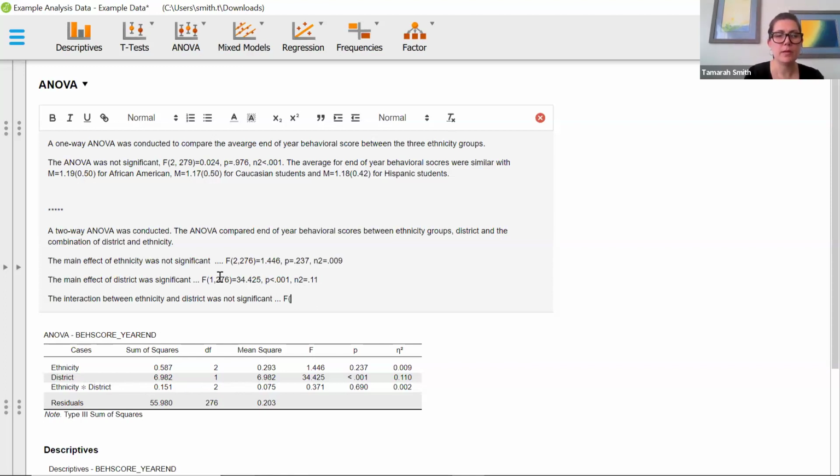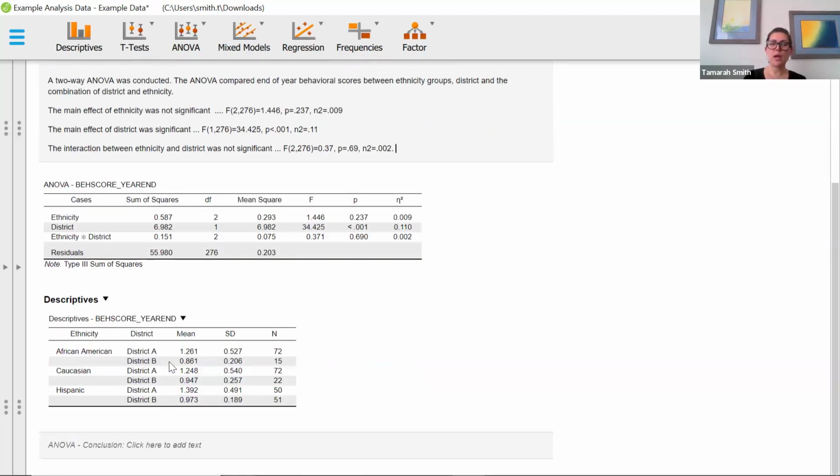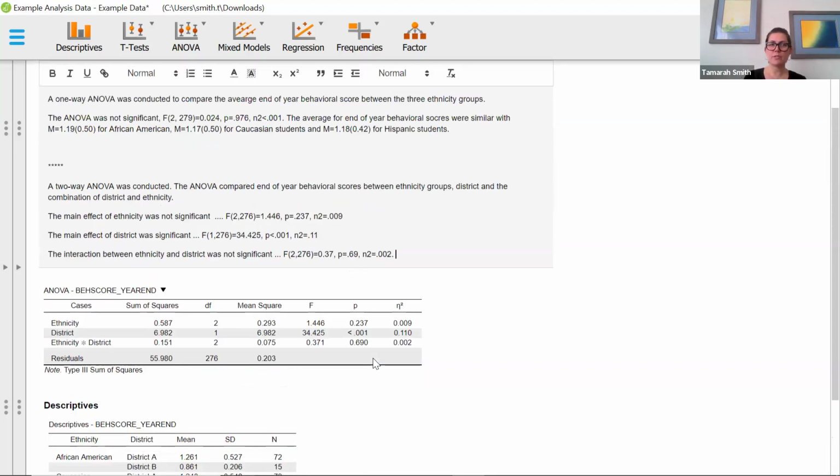And then for the interaction, that's this third line here. So now we just have a lot more information to type out, but it's all the same, right? It's not necessarily difficult. It just takes a minute to look and make sure you're looking at the right thing and follow through with typing out the information. All right. And then we could write and describe what's going on here with the averages underneath.